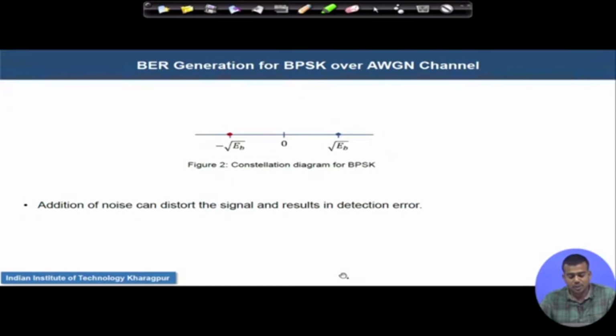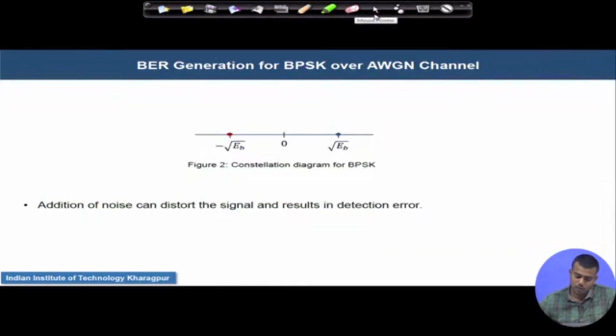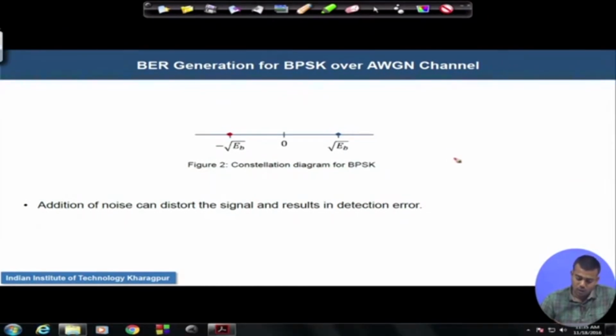This is the BPSK constellation. In BPSK, as we are transmitting 0 and 1 bits, 1 is mapped to +1 and 0 is mapped to -1.